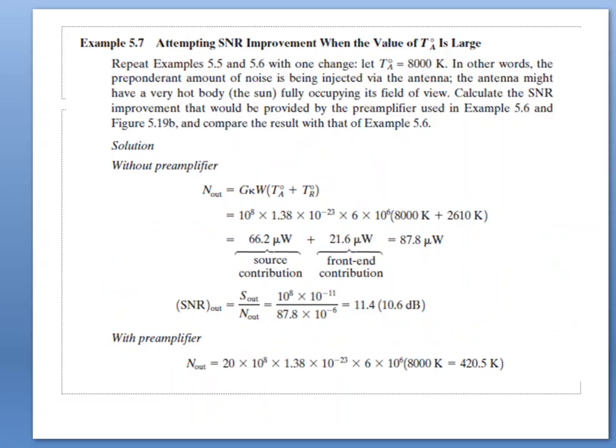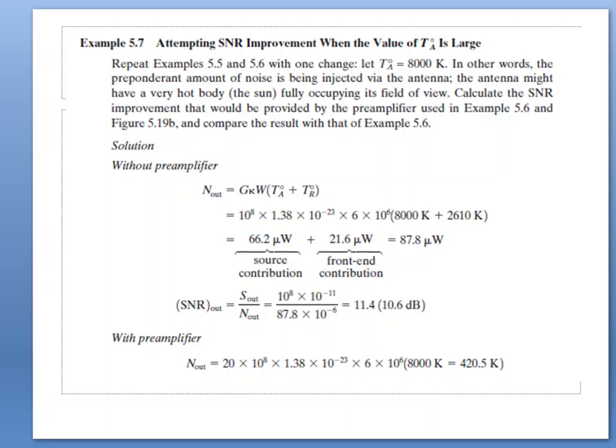Repeat the same example. Let TA be equal to 8000 Kelvin. In other words, a preponderant amount of noise is being injected via the antenna. The antenna must have a very hot body, fully occupying its field of view. Calculate the SNR improvement that would be obtained by the preamplifier used and compare the results.